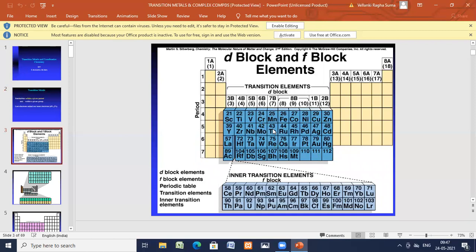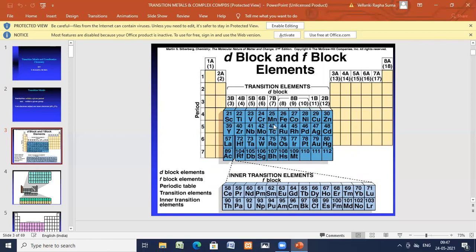Here you can see the D block and the F block elements. The white ones, 1A and 2A, are the S block elements. 3A, 4A, 5A, 6A, 7A, 8A come under the D block elements.